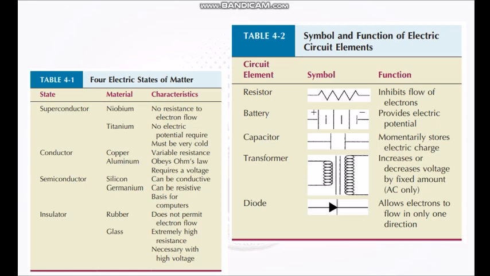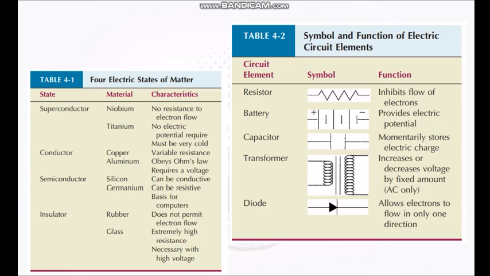And then also you have glass, extremely high resistance, and necessary with high voltage. So that's basically the characteristics. But basically an insulator can be defined as a material that does not allow electrons to flow. So if you do not want an object to be electrified, then you use an insulator.